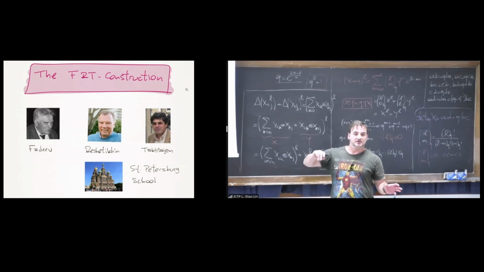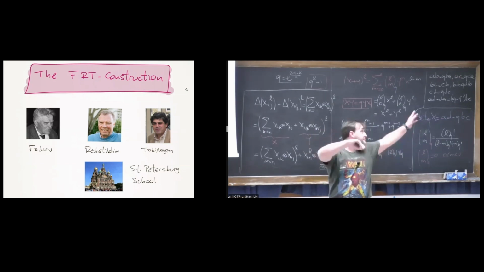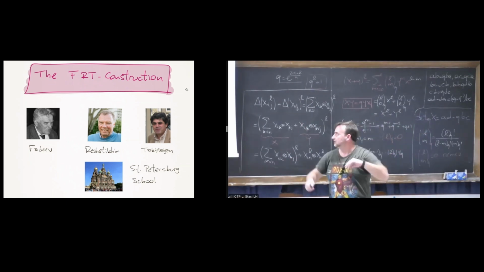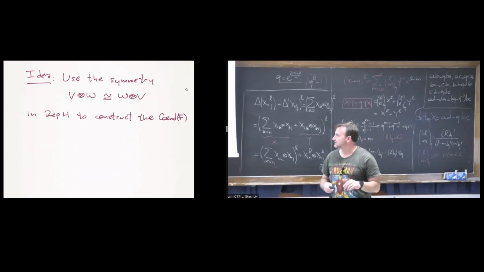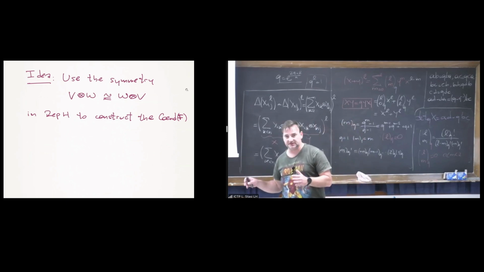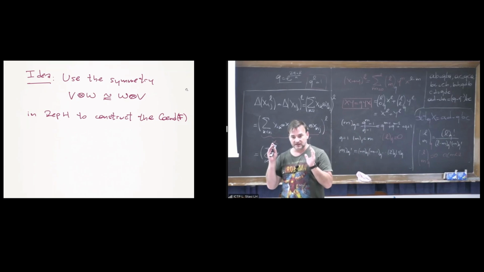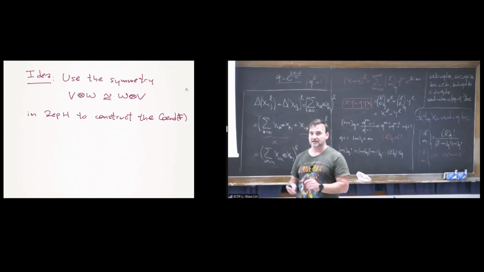The idea is to construct all these quantum groups by a general method. What is the general method? It's based on the symmetry in the representation category. You remember that I said we are looking at objects whose representations or co-representations satisfy that we can sum the representations, that the field is a representation, and the dual is a representation.